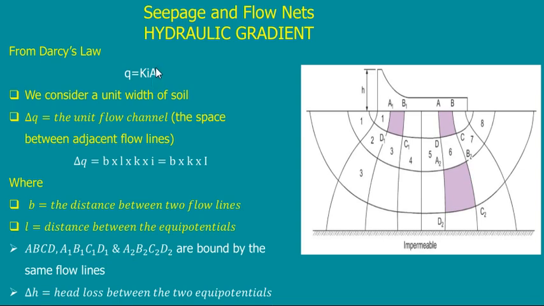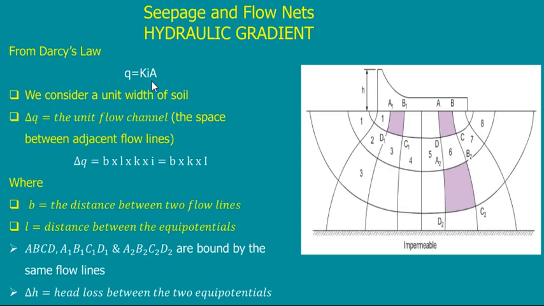The A, which is the area of the soil where water is passing. I is the hydraulic gradient. I don't have the hydraulic gradient. This is what I'm trying to get out of this drawing. By this drawing, I can get the hydraulic gradient.